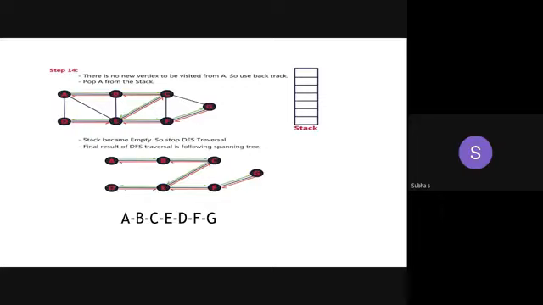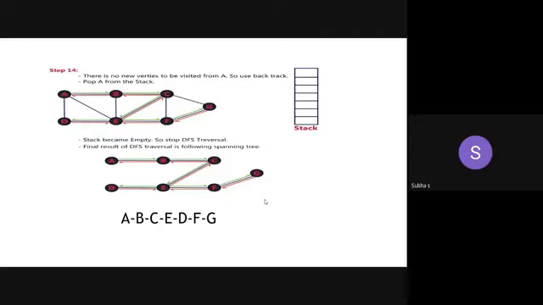So you have to come back to E and find an alternate solution. So you come to F, then you reach G. At this stage, all the nodes are visited. So this is the result of the depth first traversal. Got it? If you have any doubt, you can ask.